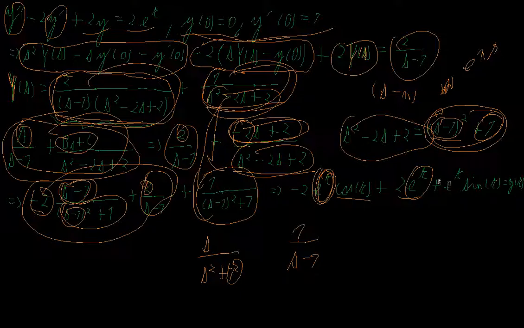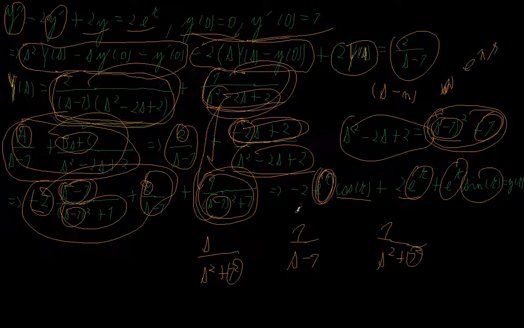Then we also have here s minus 1, so we will just shift everything with e to the t, and then we know that the inverse Laplace transform of 1 over s squared plus 1, so 1, is sine of t.